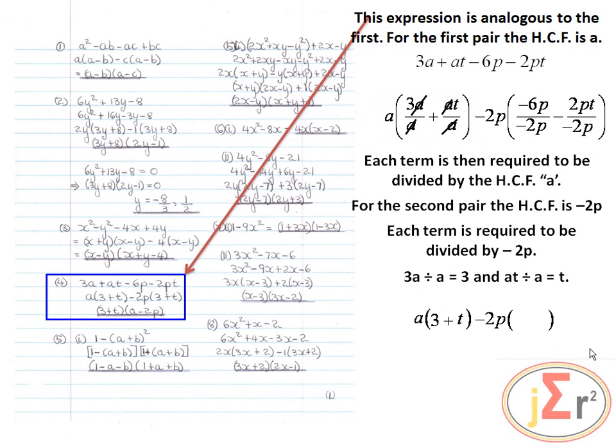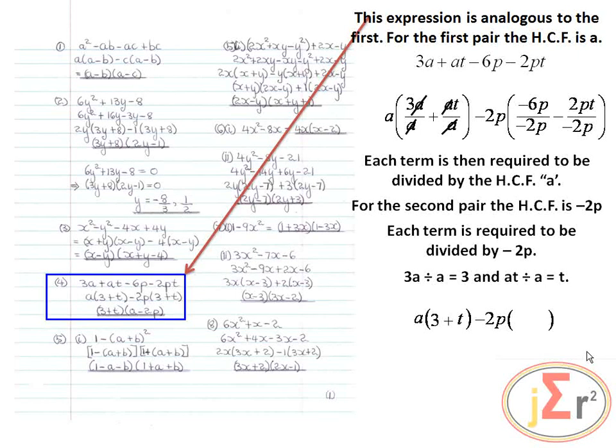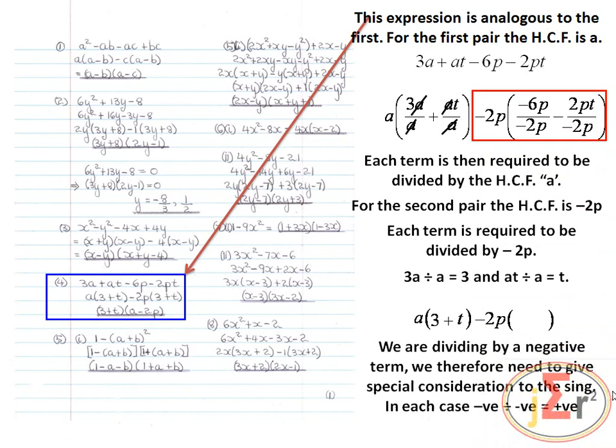In the other one, it is not very hard to see, but maybe not so straightforward, probably because of the sign and because it does not cancel completely right there. But we can make light work of it nonetheless. We are dividing by a negative term. We therefore need to give special consideration to the sign.